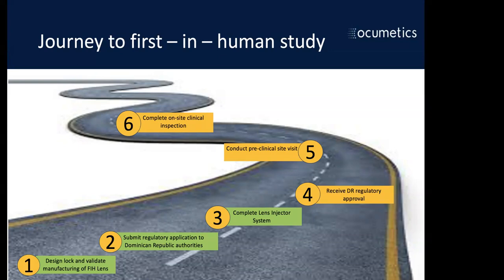Do you have all of the diagnostic pieces of equipment that we're going to need to evaluate the patient's vision? So we'll do a pre-site clinical evaluation with the site, and then we will follow that up with an on-site inspection.